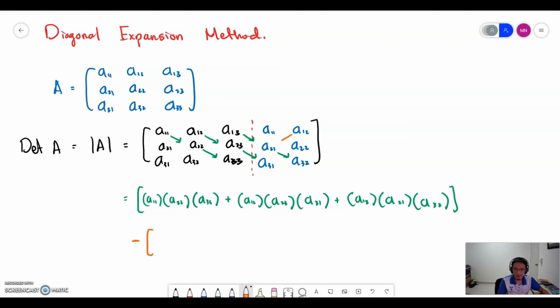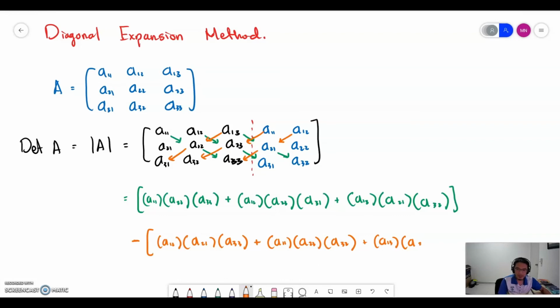That starts from A12, A21, A33, plus A11, A23, A32, plus another diagonal A13, A22 and A31.